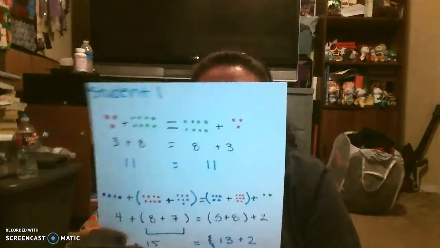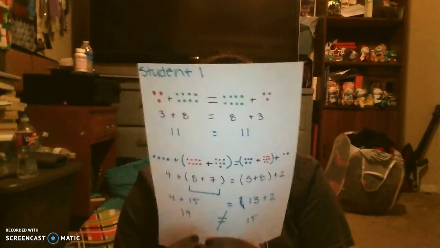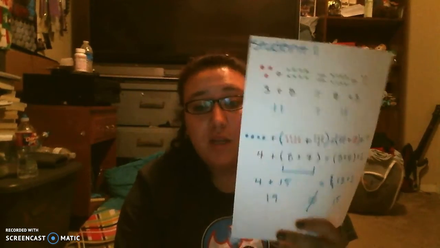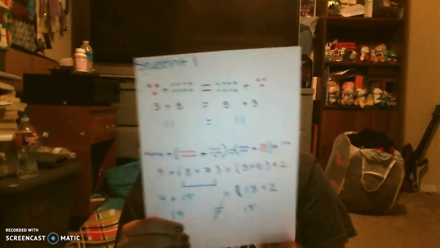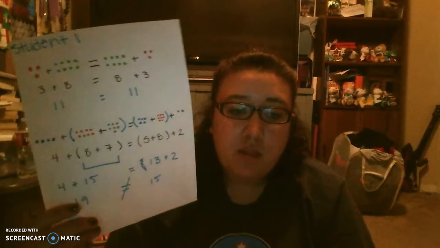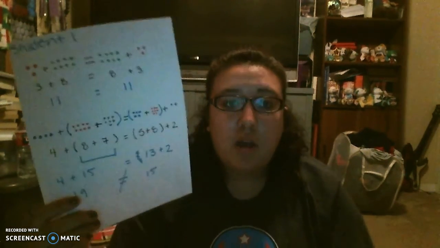And so I asked him to do the math for me, and so he did. He did 4 plus 15 equals 13 plus 2. And I told him to total it up together, which gave me 9 and 15. And I asked him, does that equal to you? No, but I don't understand what you mean.